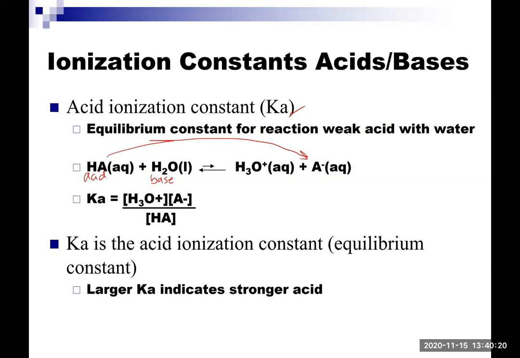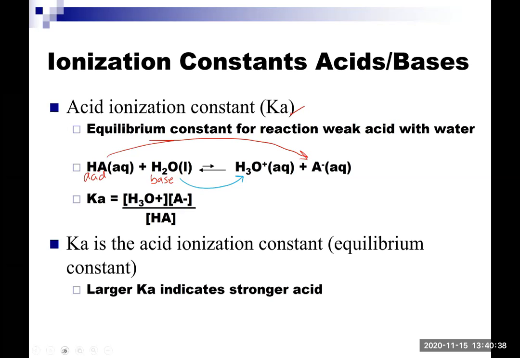And therefore, HA is an acid. On the other hand, water in this reaction goes from H2O to H3O plus and accepts a proton. So water is acting like our base.